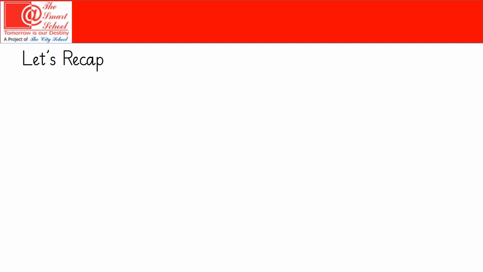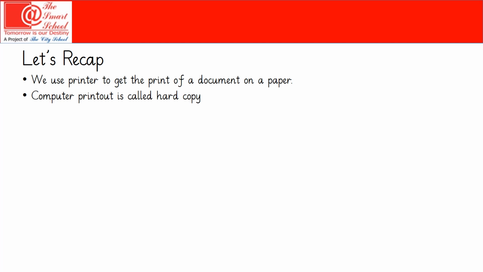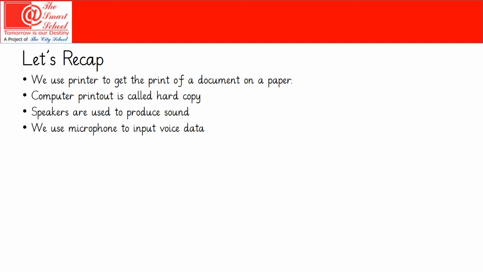Let's recap. We use printer to get the print of a document on a paper. Computer printout is called hard copy. Speakers are used to produce sound. We use microphone to input voice data.